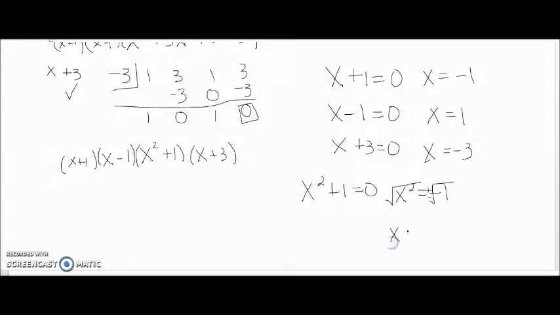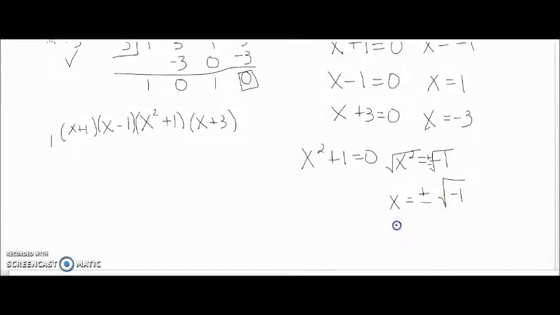So x is positive or negative the square root of -1. Except we talked last semester about how we represent in math the square root of -1. We call that i. So x is either positive or negative i.